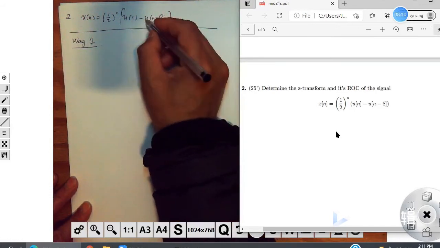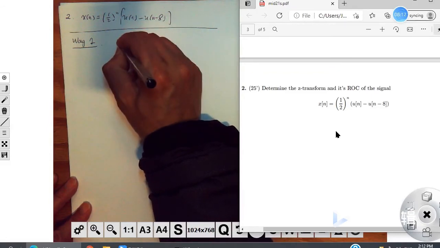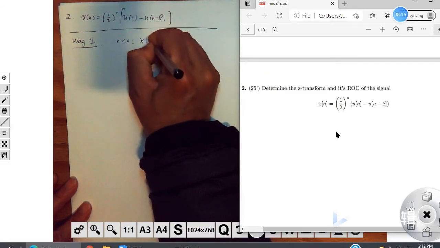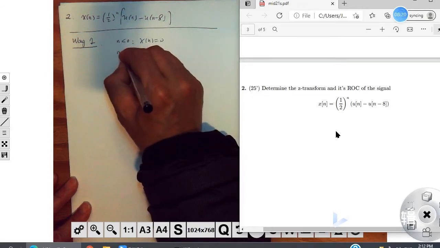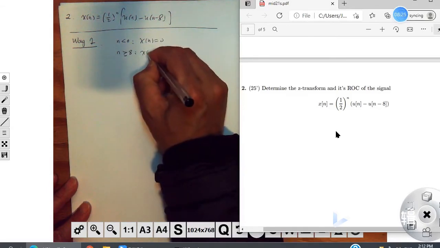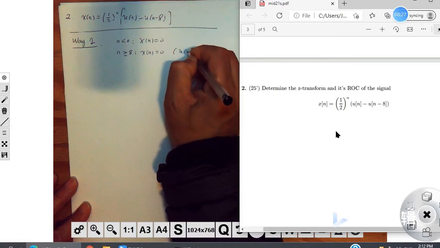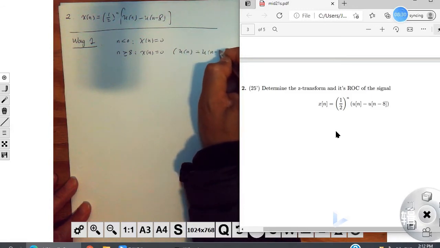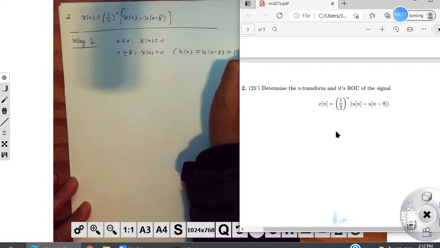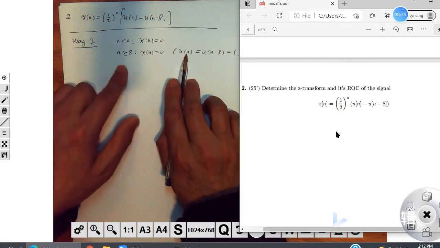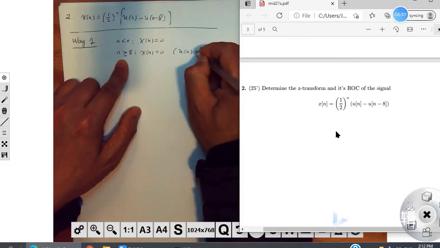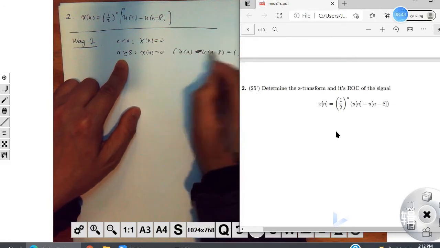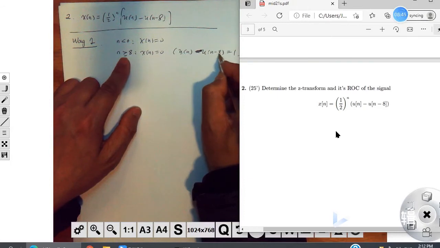This one, you see, when n is negative, x of n must be 0, right? Both are zeros. When n is larger than or equal to 8, x of n is also 0, because u of n and u of n minus 8 are both equal to 1. If n is larger than 8, then u of n is 1, and n minus 8 is larger than 0, so this is also 1.